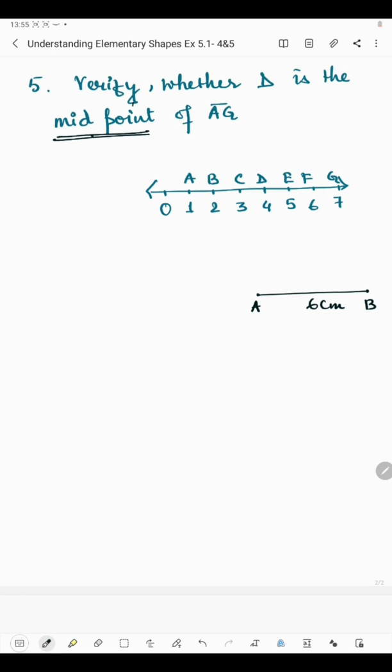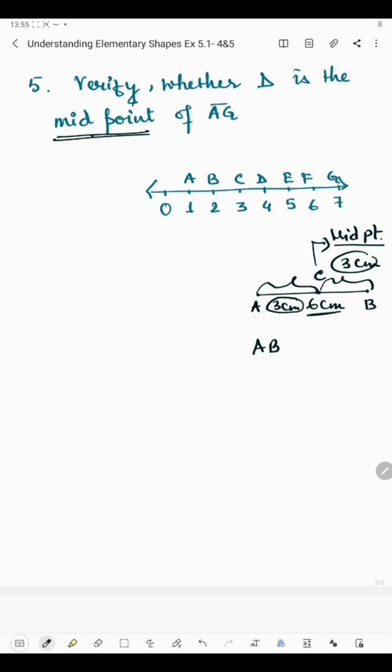Now a midpoint always divides the line segment into two equal halves. So if I take the point C here, the length of AC is 3 centimeter and the length of CB is also 3 centimeter, because 3 plus 3 is 6 centimeter. So this C is called the midpoint, because a midpoint always divides the line segment into two equal halves.